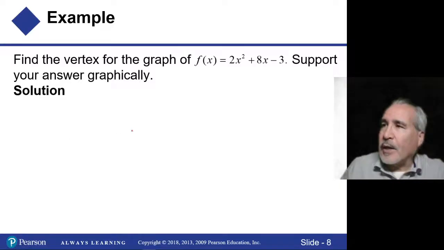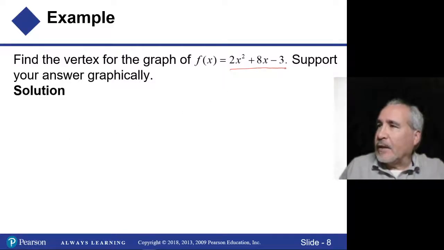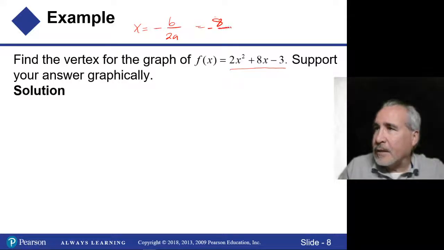Okay, so we've got this equation. This is our quadratic. Now, to find the x-coordinate of the vertex, we know that it's minus b over 2a. So b is 8, so this is going to be minus 8 over 2 times a, which is 2. So that's going to be minus 8 over 4, which is negative 2.